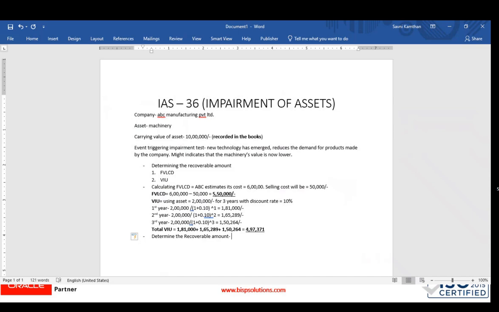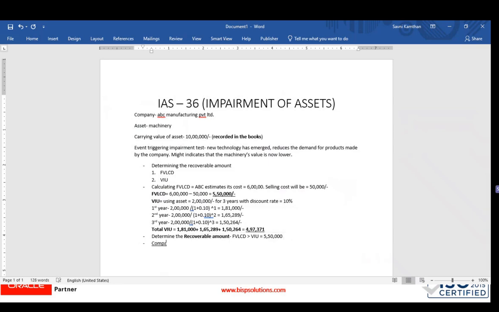If the FVLCD is higher than VIU, then 5,50,000 is the recoverable amount in this case.